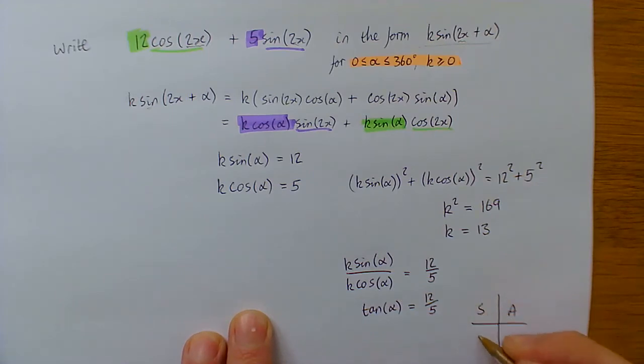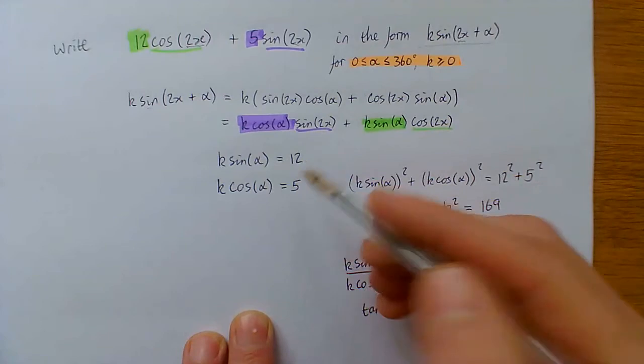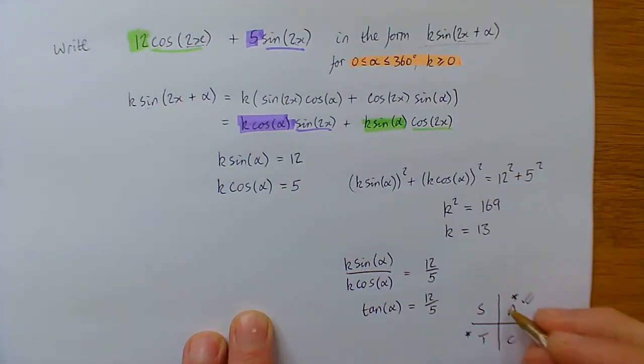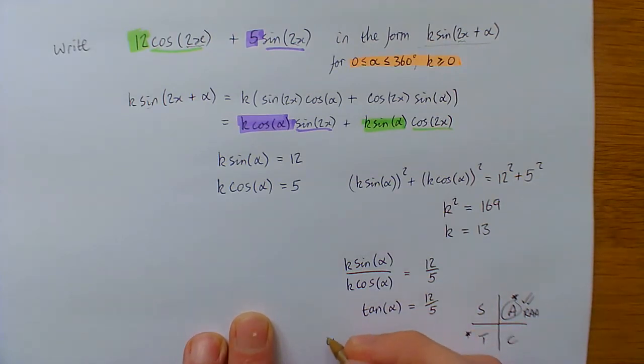And we're nice because we've got no negatives here. So really we could be in that section or that section for tan being positive, and both sine and cos are positive as well. So we're up in this quadrant here. So we're just looking for a relative acute angle, which is tan to the minus 1 of 12 over 5.